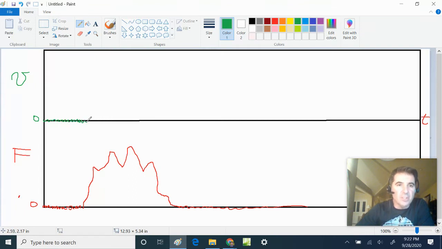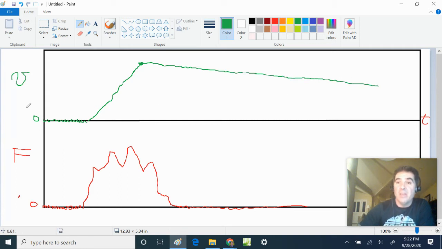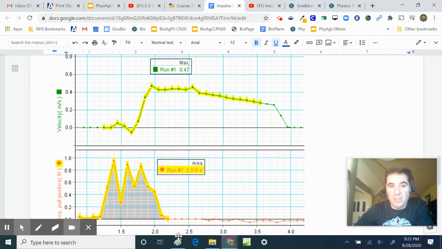Then all of a sudden it's going to increase its velocity to a certain point right there. Then you're going to let go, and the cart is going to slowly slow down, like this. That's what it's going to look like on here, and that's what's happening.